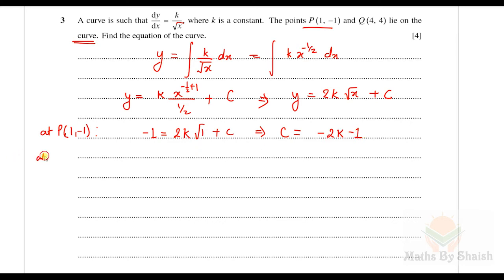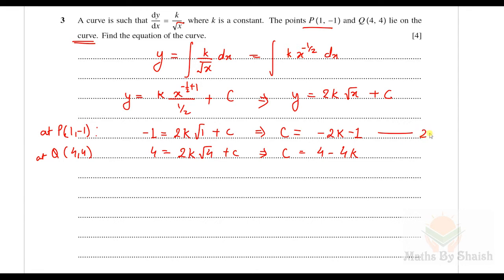And again at q, it is 4 is equal to 2k root 4 plus c, or root 4 is 2, so 2 2 is 4, so c is equal to 4 minus 4k.